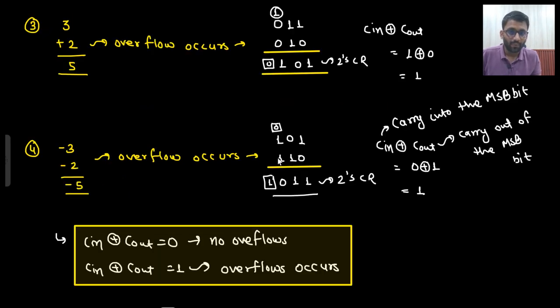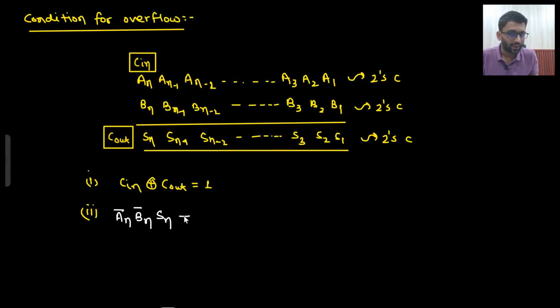And then if both are 0 and your answer is becoming 1, or if an is 1 and bn is 1, that means both are negative, still your answer is becoming 0, that means overflow has occurred. So one of the conditions you need to check: if C in XOR C out is 1, or 0 0 you get 1 here, or 1 1 you get 0 here, that means overflow has occurred.